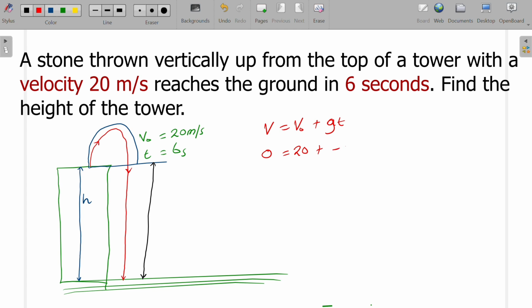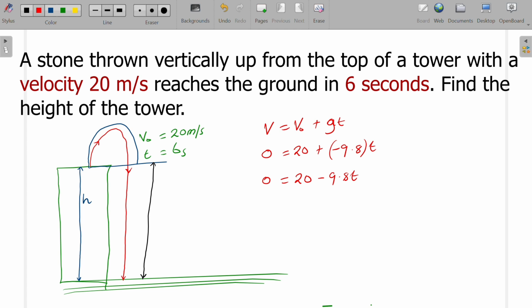We'll have minus 9.8, multiplied by t. So 0 is equal to 20 minus 9.8t. Since we are looking for the time, we take the time to the other side so that it becomes positive.